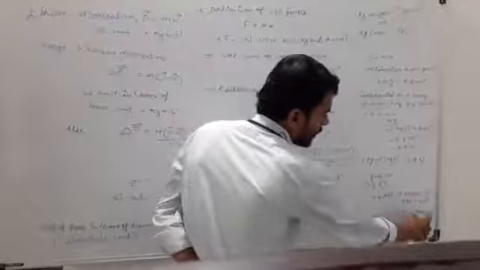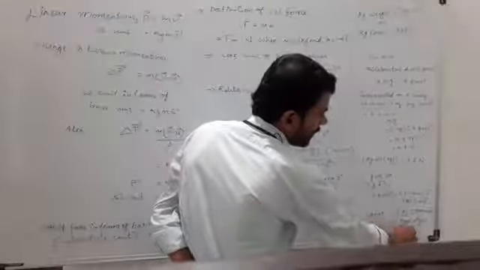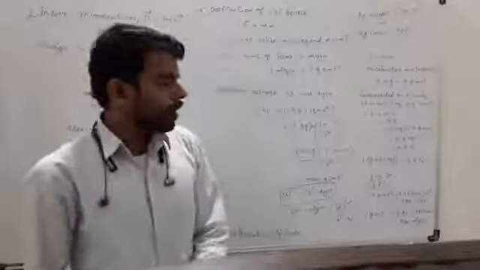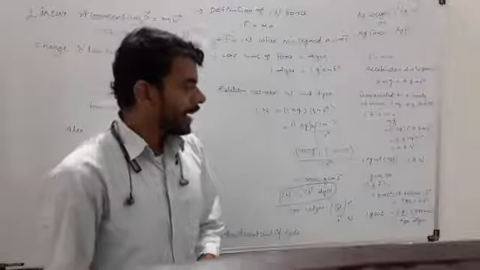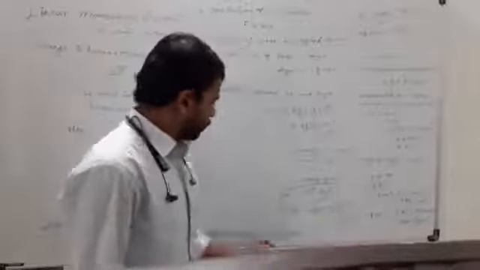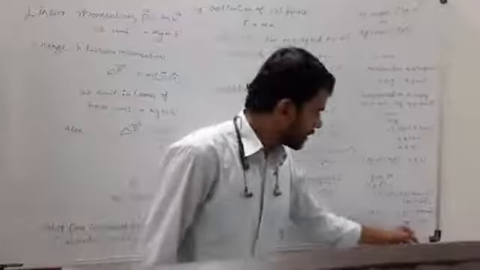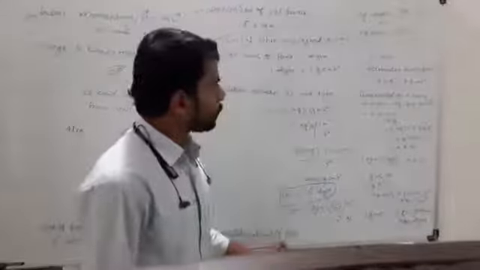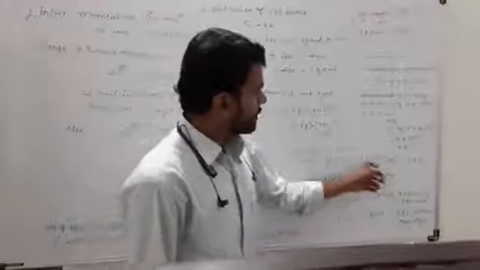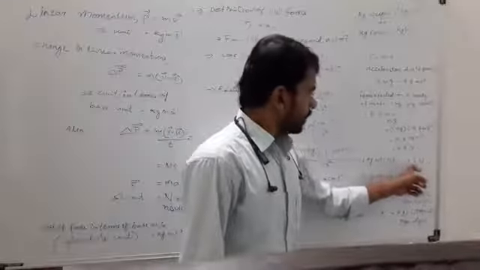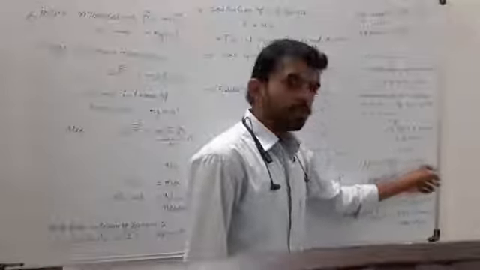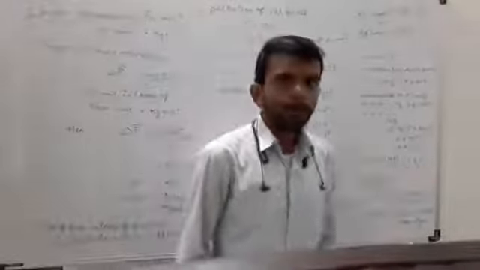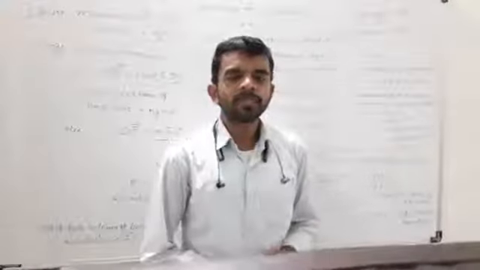So 1 into 980 is nothing but 980 gram centimeter per second square, or we can also call it 980 dyne. So the gravitational unit of force in CGS system is 980 dyne, whereas the gravitational unit of force in SI system is 9.8 Newton, or we can also call it 9.8 kilogram meter per second square.